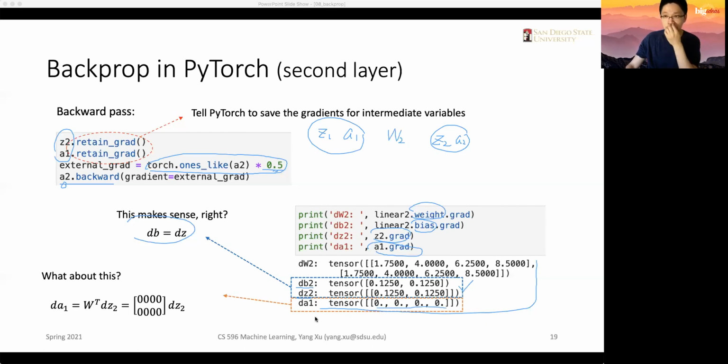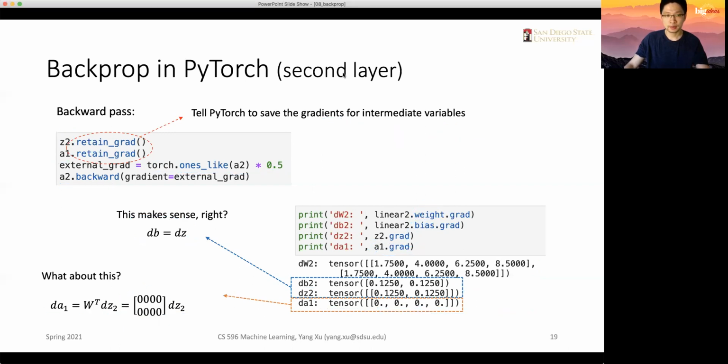That is also straightforward, because we initialized all the weights of W2 to be all zeros. According to the backprop formula, to compute the gradient of A1 we need W transpose times DZ2. But since W is all zeros, it doesn't matter what DZ2 contains, it will output all zeros.